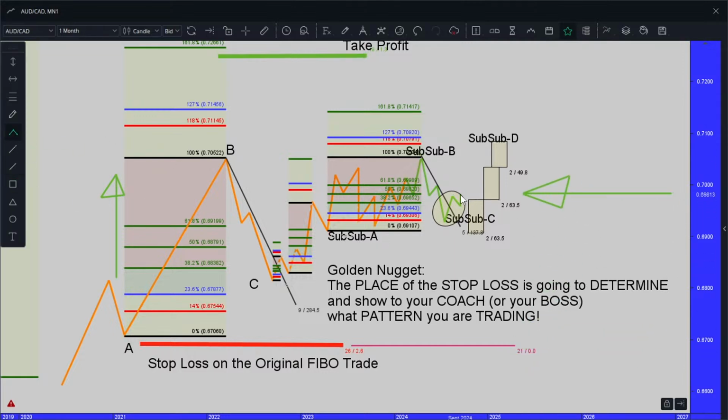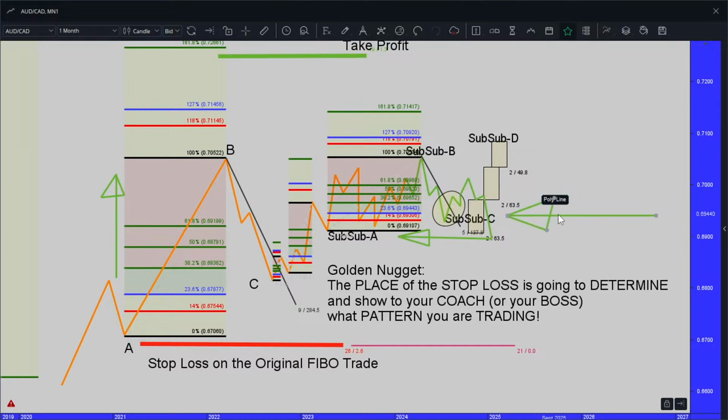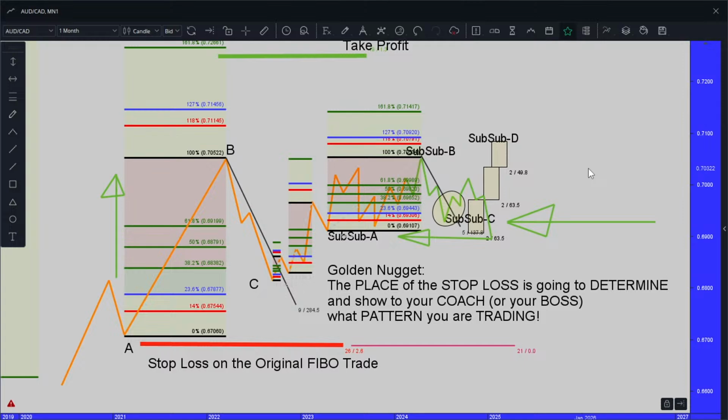So, and then I'm trying to explain, if the market stops you out on the sub A, now what? If the market stops you on the sub A, are you still trading the Fibonacci of the confirmation? See everybody how easy it is to mix apples with bananas?